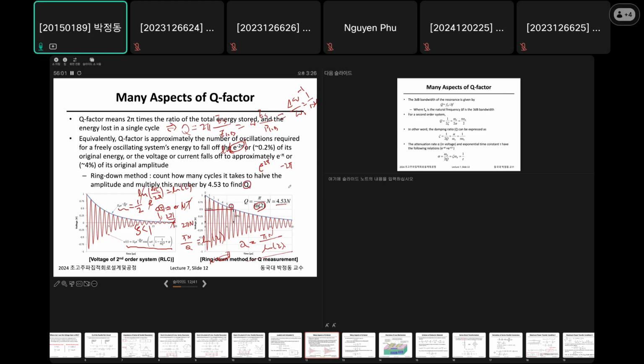So this is 6 multiplied by 4.5, which is around 27. Understand?